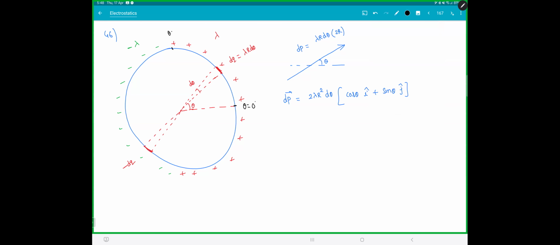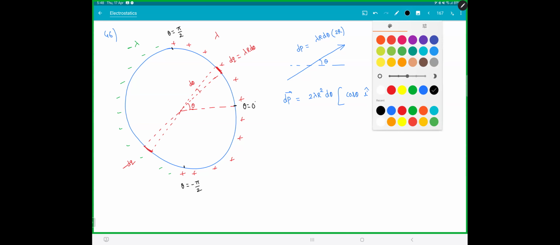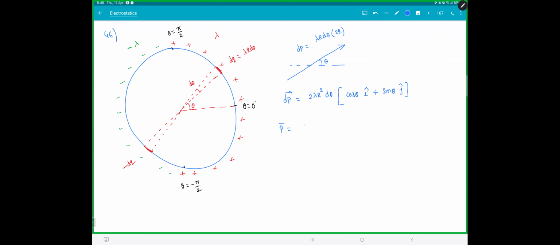If you go up, it will be theta 90, and if you go down, theta will be minus 90. So the dipole moment will be 2 lambda r square, integral cos theta d theta i cap, plus integral sin theta d theta j cap, going from minus 90 to 90 in both.